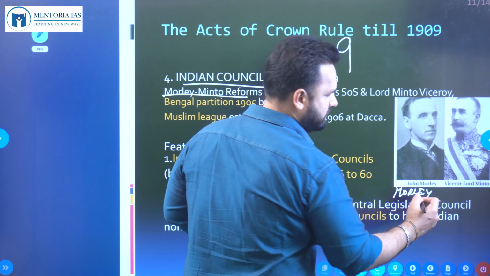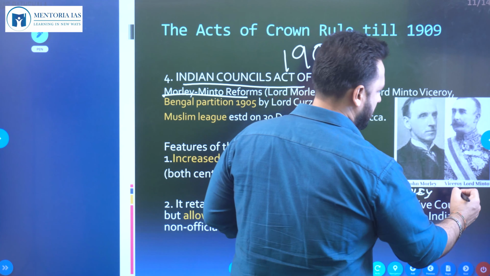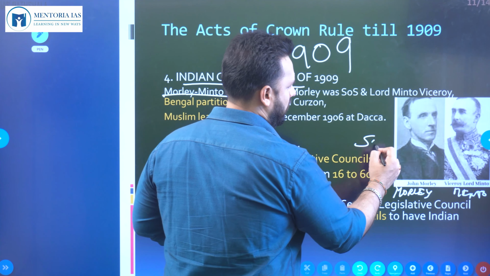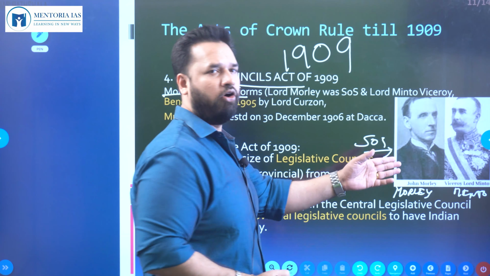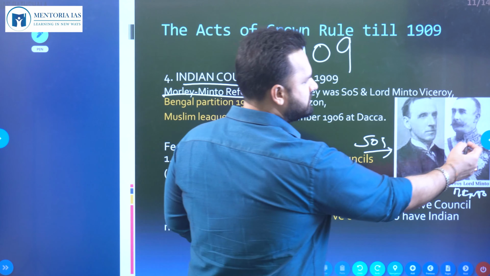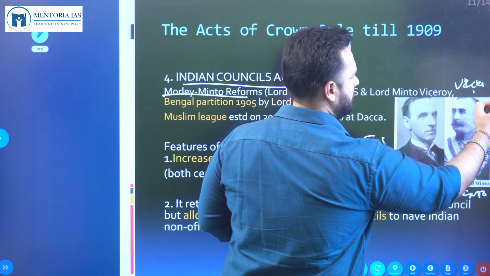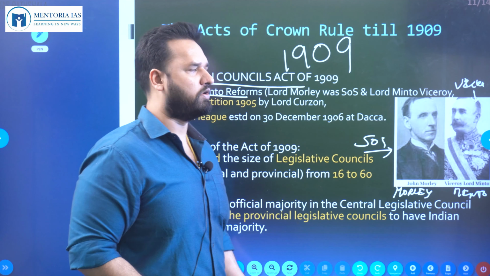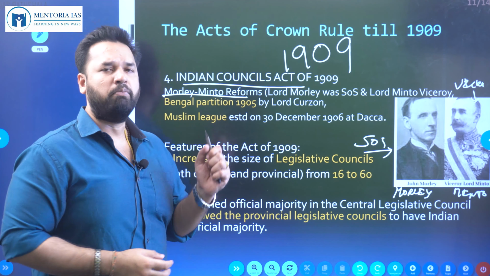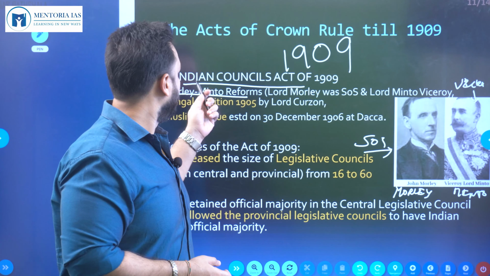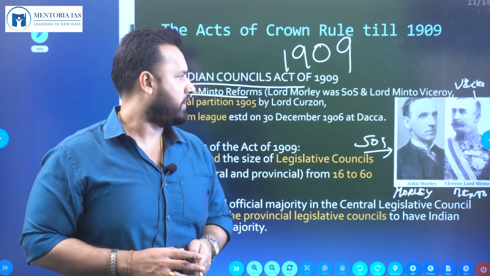I said earlier there was a Secretary of State and a Viceroy for India. Morley is the Secretary of State, and you can see his dress here. He is the Viceroy. Who is the Viceroy? Minto is the Viceroy. So that is why it is called the Morley-Minto reforms. These gentlemen passed this Indian Councils Act of 1909.